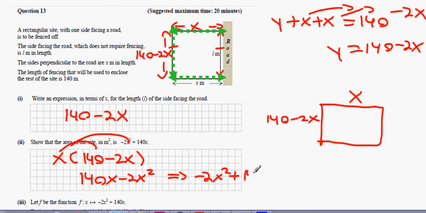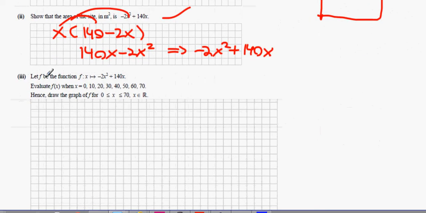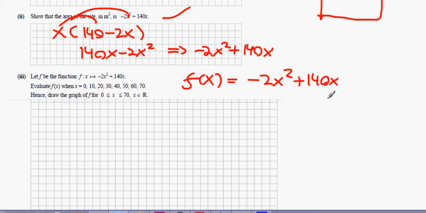So that's proven. Now, let f be the function f of x equals minus 2x squared plus 140x. And it's looking for us to evaluate f of x.